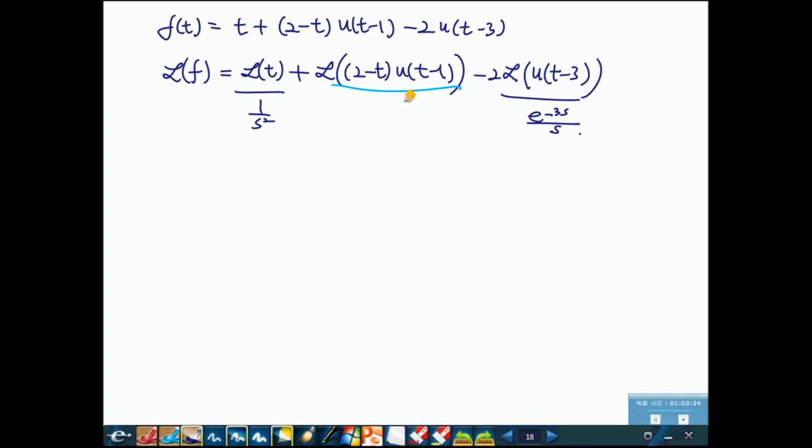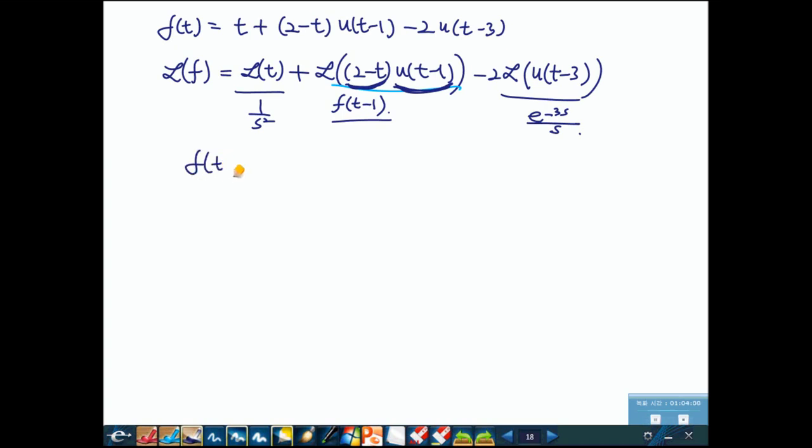So for this, if it is a shifting, okay, if you have u of t minus 1, that means shifting, right? It should be a formal shifting, meaning this part has to be f of t minus 1, right? For formal shifting, that part has to be f of t minus 1. Okay? So that starts from there.